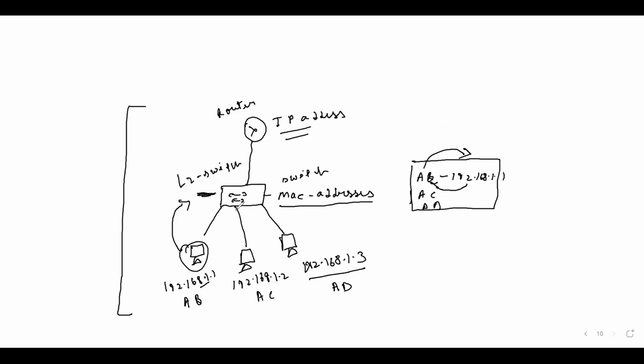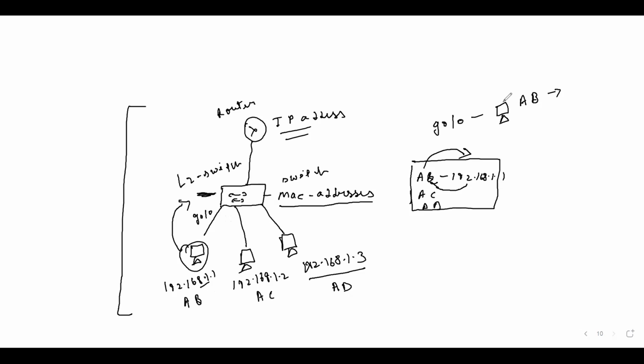But my switch will use only this information: I have one port, F0/0, and there is a PC, and that is the MAC address of this PC. But how will the switch get the IP address of this PC?